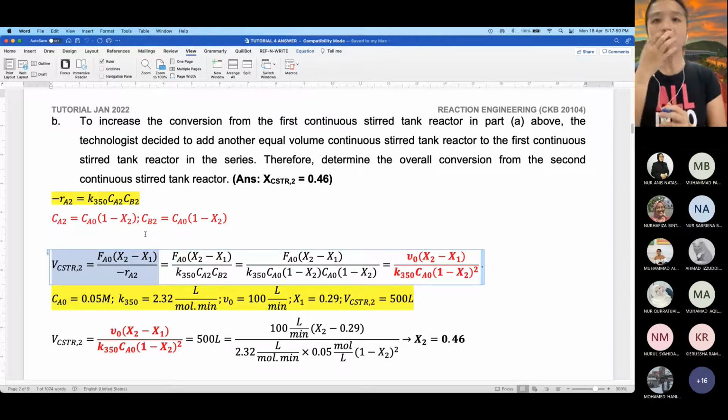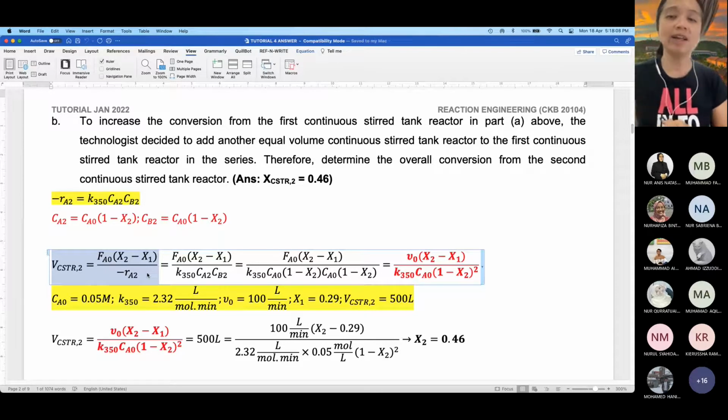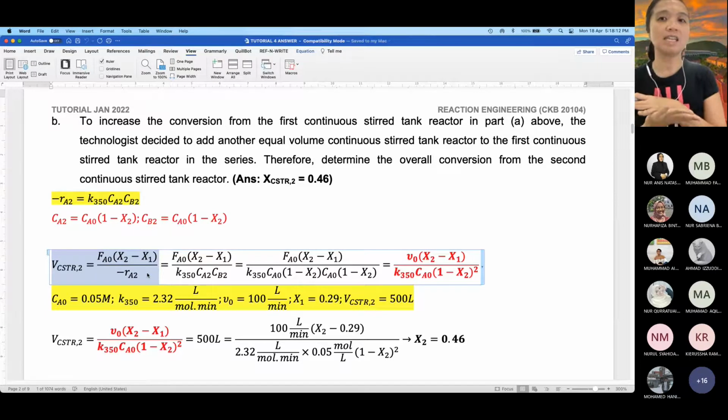Okay, dalam chapter 2, you have learned nak cari volume second CSTR, dia lah sama dengan FA0 in bracket X2 minus X1 tutup bracket per minus RA2. Okay, yang ni pun kalau kamu perasan dalam test 1 ada soalan yang I did ask you question for reactor in series and some of you saya rasa tak check equation betul-betul.